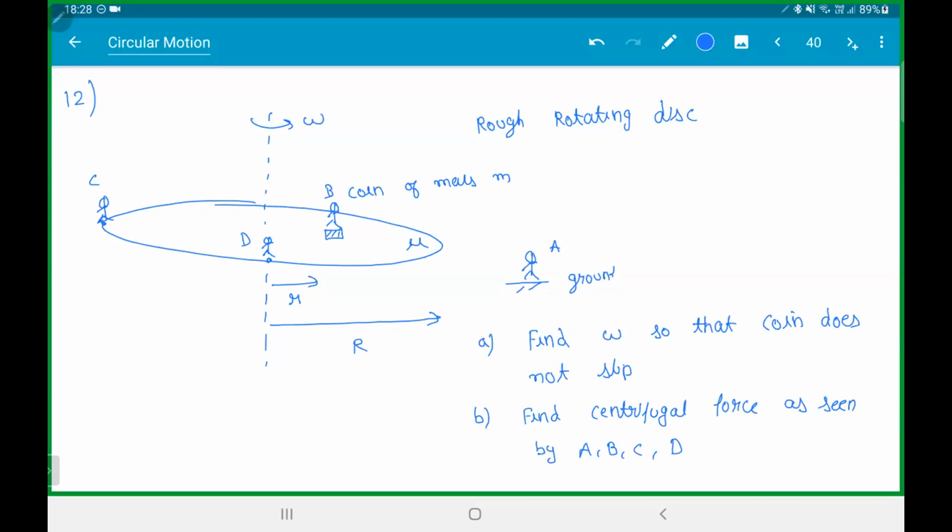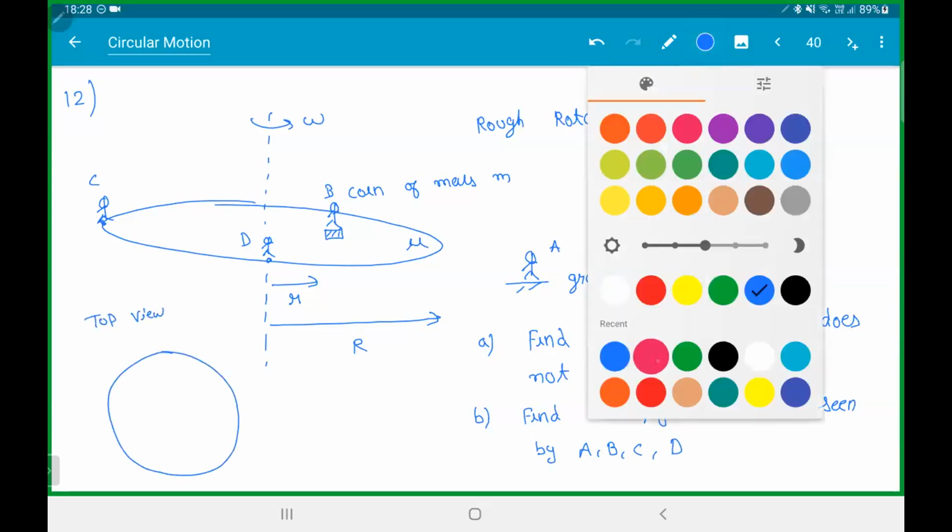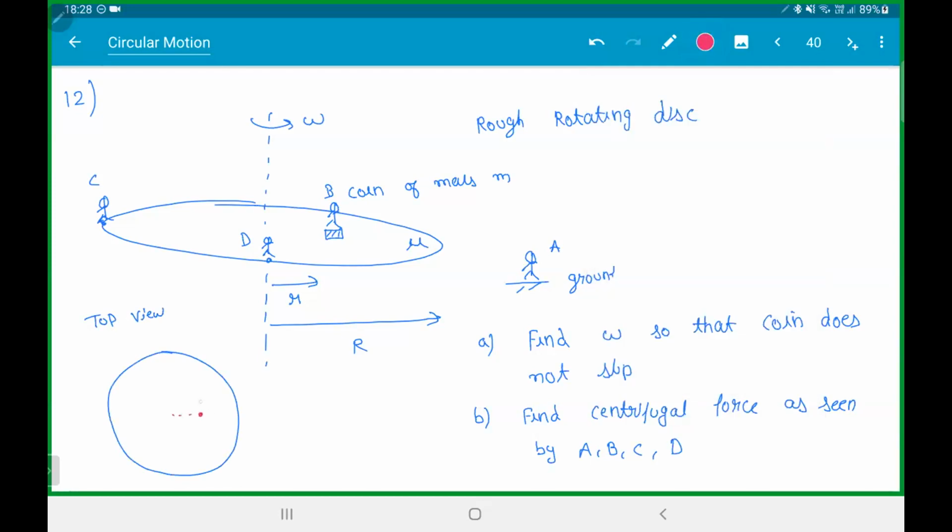Meaning you can solve this actually in all the frames. ABCD's frame, you can solve the first part, but that is fine. Find the centrifugal force on the coin as seen by ABCD. If you look at this on the top view now, this is B, this is C, this is D. So basically 90 degrees, okay?